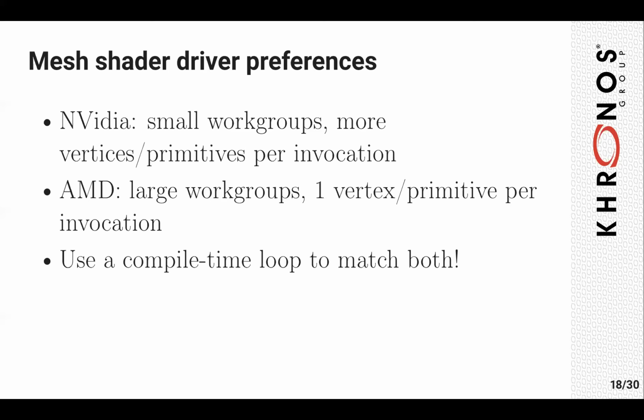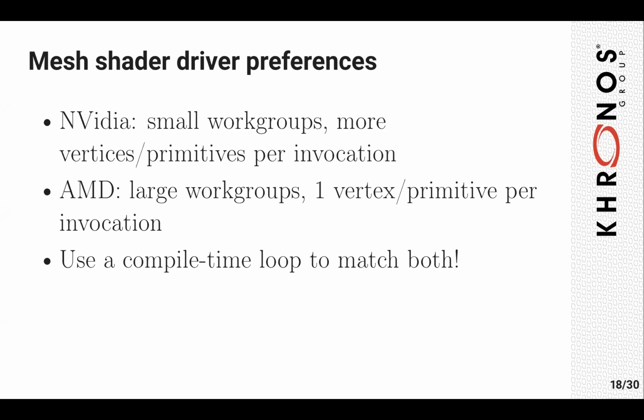Two different vendors, for example NVIDIA and AMD, have different preferences. NVIDIA's preference is that you use smaller mesh shader workgroups, and within those smaller workgroups, you would process more vertices and more primitives per shader invocation.